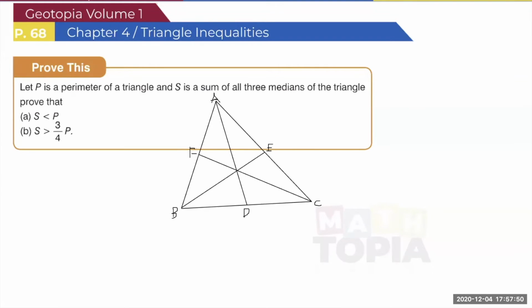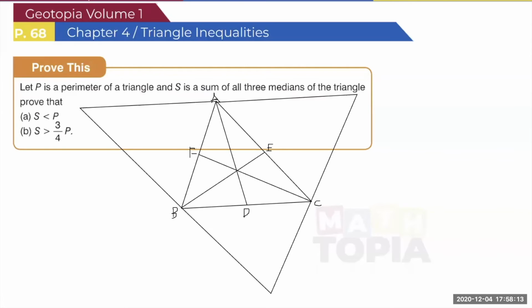So let's try focusing on only one of them first. Let's focus on A. One way that we could prove A is to extend each of the sides of ABC into parallelograms.